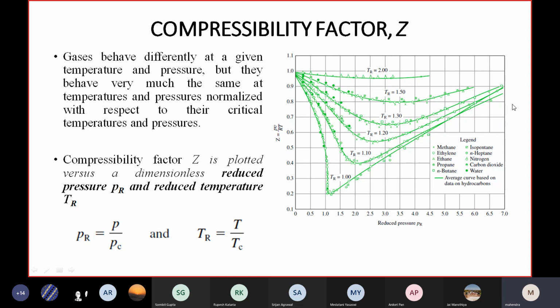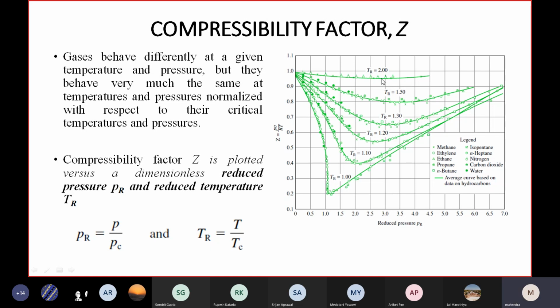From this plot we can observe 3 points. What can we observe? At very low pressures, irrespective of operating temperature, all gases are behaving like ideal gases because their compressibility factor Z is 1 in this zone.